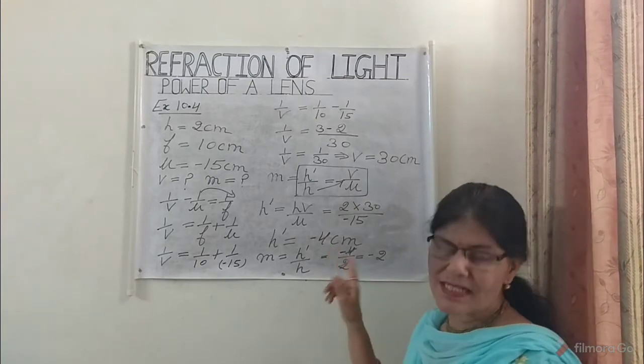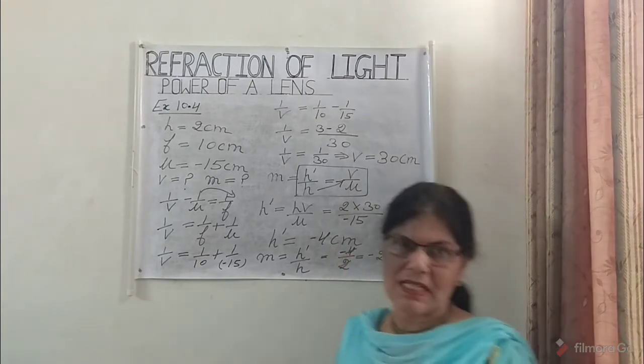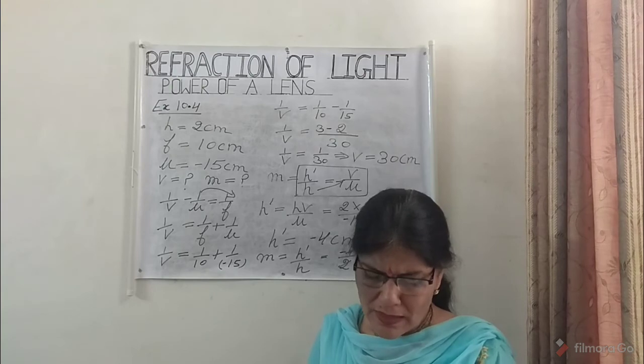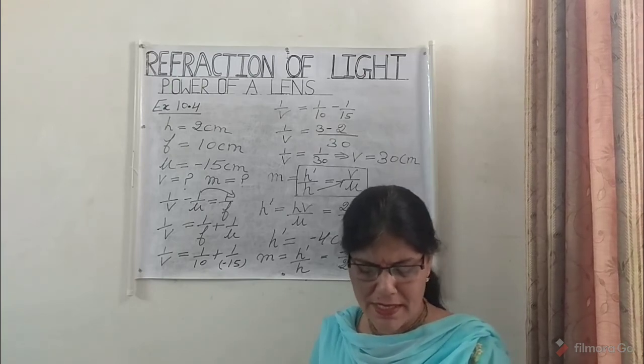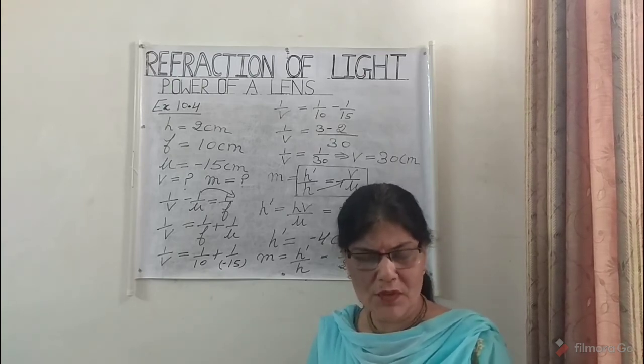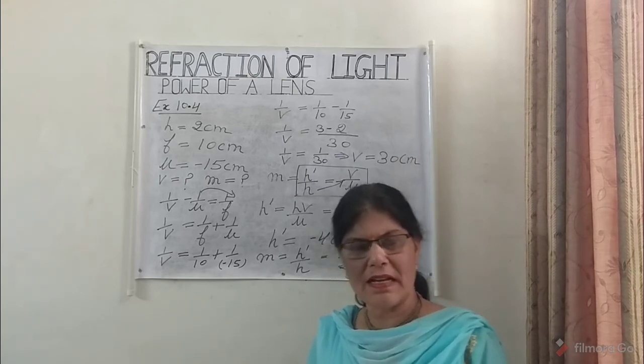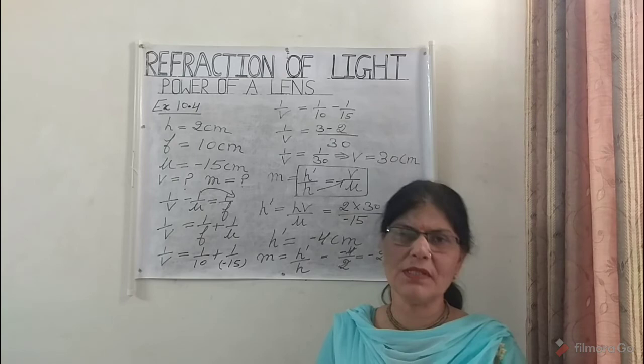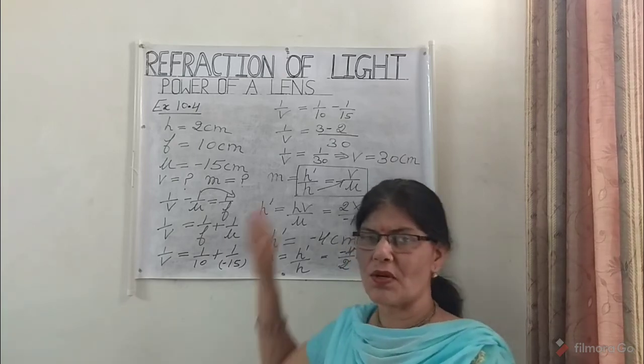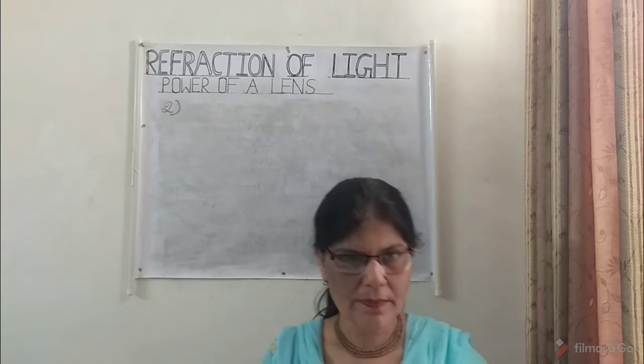It means it is enlarged by 2 times. Image is real, inverted, and 4 centimeter tall, 2 times enlarged as compared to the size of the object. So this is all about this numerical.